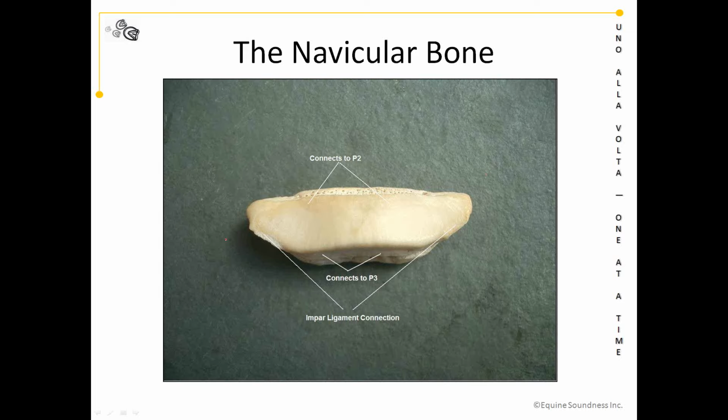It's named this way because it's shaped like a boat, and this surface here is the surface that connects to the short pastern bone, and here this surface connects to the coffin bone. And the impar ligaments, which also cause a lot of trouble, are connecting here on the sides. Or the impar ligament, actually it's only one ligament, not two or more.